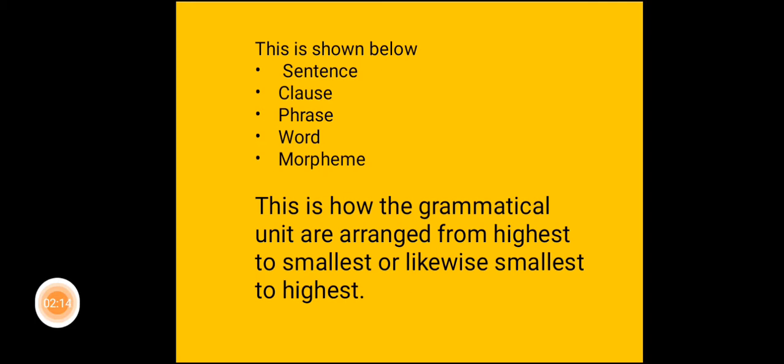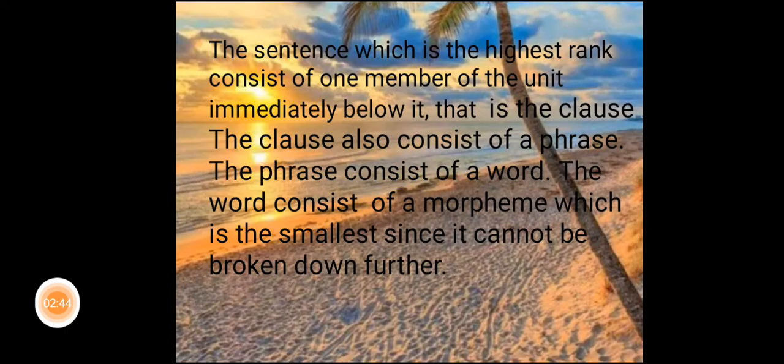That is, sentence consists of clause, clause consists of phrase, phrase consists of word, and word consists of morpheme, which happens to be the lowest or the smallest grammatical unit. Morpheme is the smallest grammatical unit because it cannot be broken down further to get any other grammatical unit. So this is how the grammatical units are arranged from highest to smallest, or likewise smallest to highest.